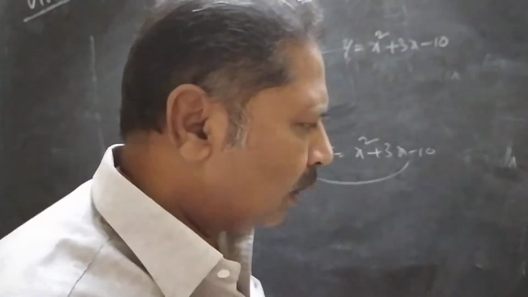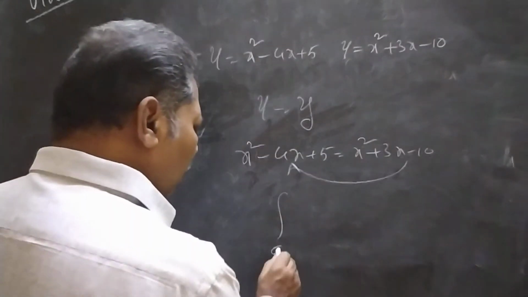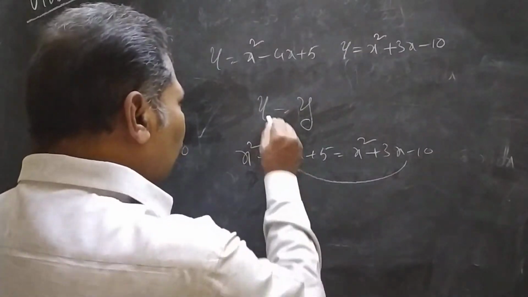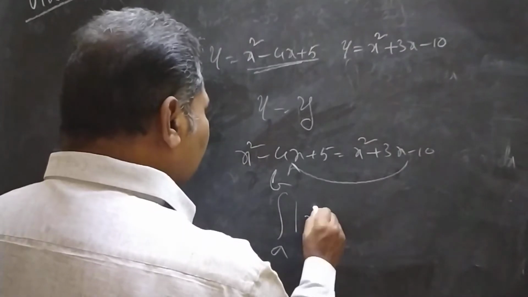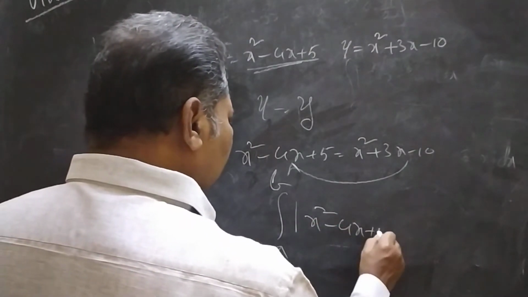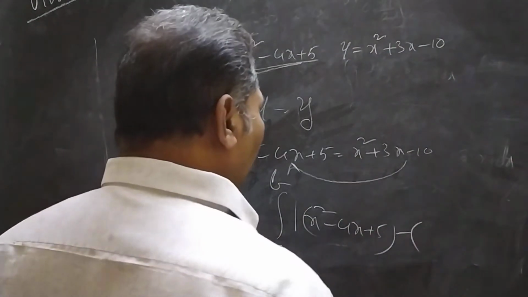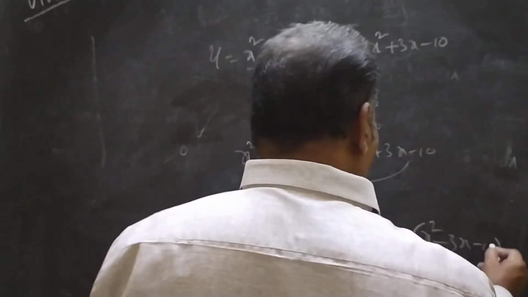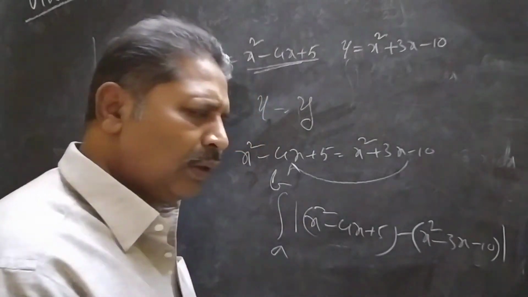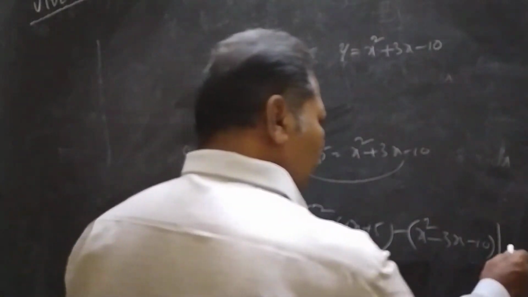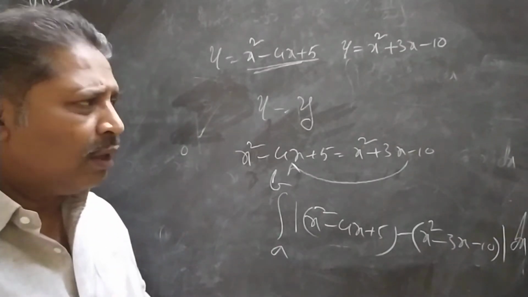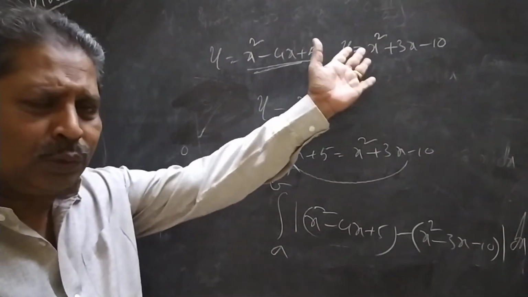So the integral from small to big of the modulus of the first curve x square minus 4x plus 5 minus the second curve x square plus 3x minus 10 dx is the required area of the region bounded by the two curves.